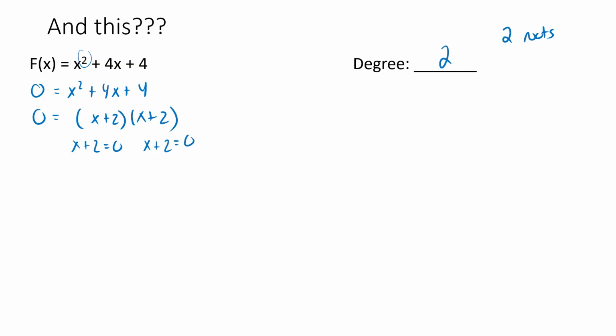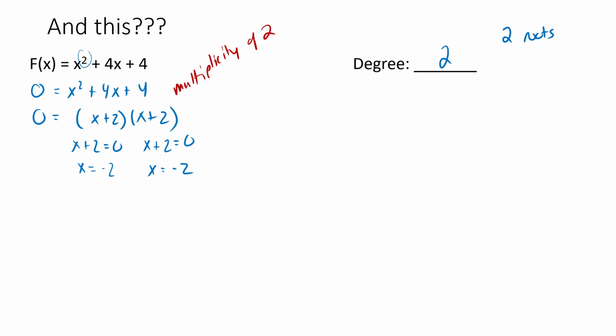Normally, when you're just solving a quadratic, we don't bother writing it twice because the answer here is -2. There's only one -2 on the number line. So once you have that number as your solution set, you would not write it again. But it does appear twice, and this is called multiplicity of 2, okay?